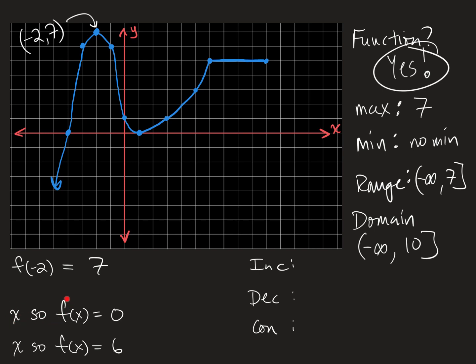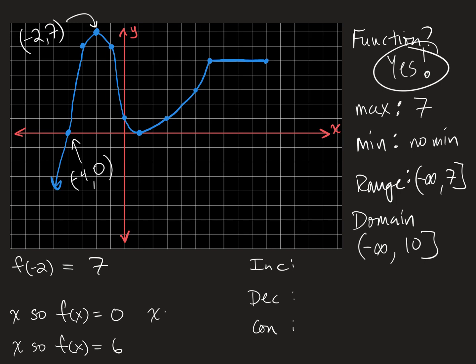All right, again, we can look here. Find x, so f of x equals 0. Well, this is a y value this time, so we're trying to find a y value of 0 somewhere on this axis. So take a look, there it is, the y value. We don't go up or down anywhere. So let's look left of that point, and you can see that this point will have a y value of 0. So this y value of 0 is paired up with an x value of -4.